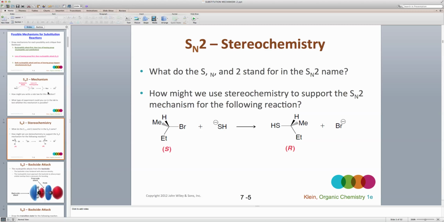More interestingly, what we find with regard to stereochemistry is when a molecule undergoes an SN2 reaction, the stereochemistry is flipped. Notice the orientation of methyl and hydrogen and ethyl before attack as opposed to after attack.